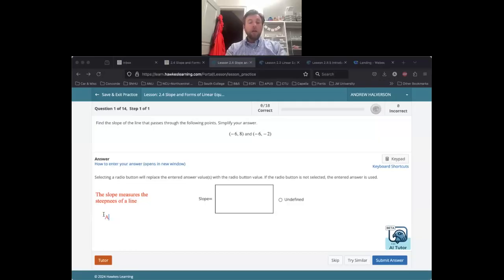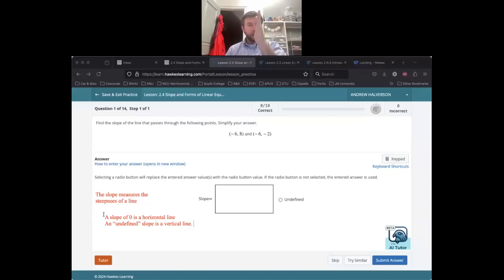Let me give you some other rules here. A slope of 0 means a horizontal line, and an undefined slope is a vertical line. So when it's flat, that's a 0 slope, a horizontal line.